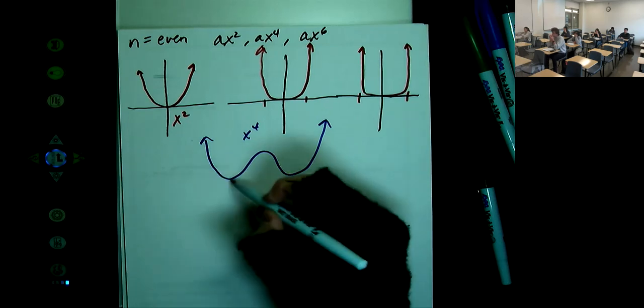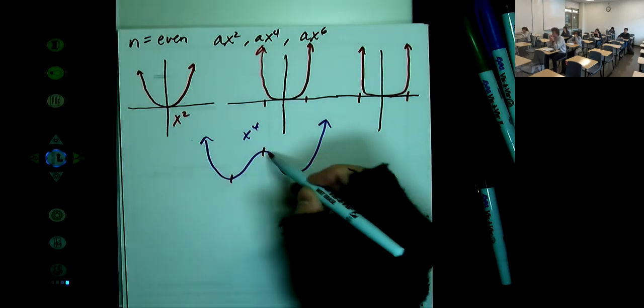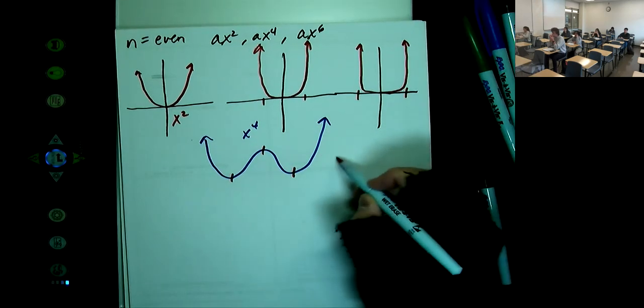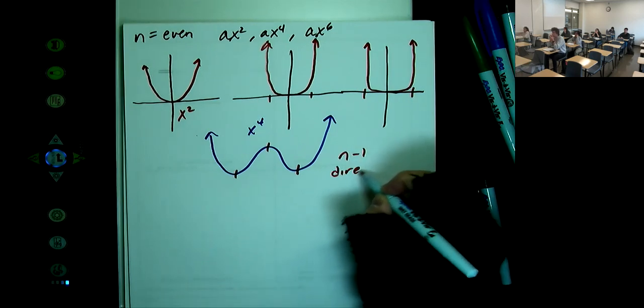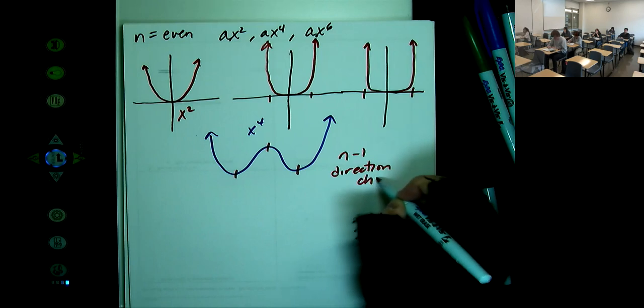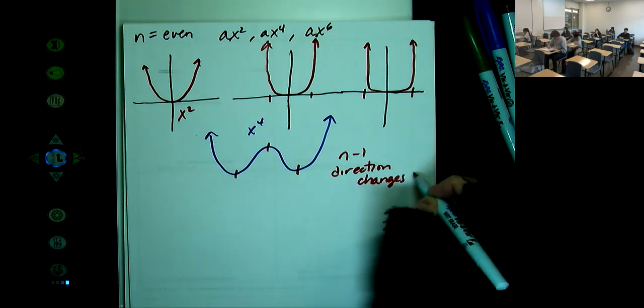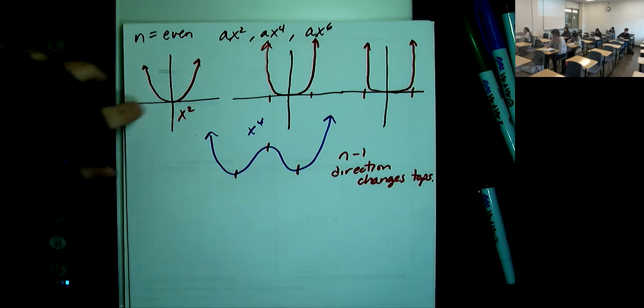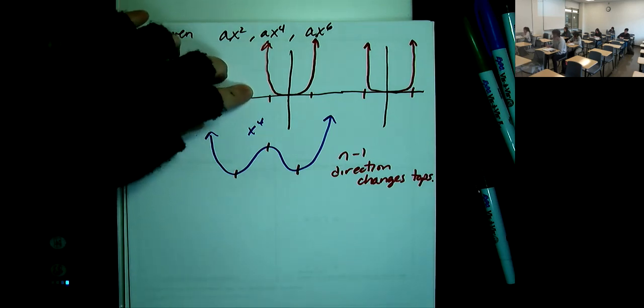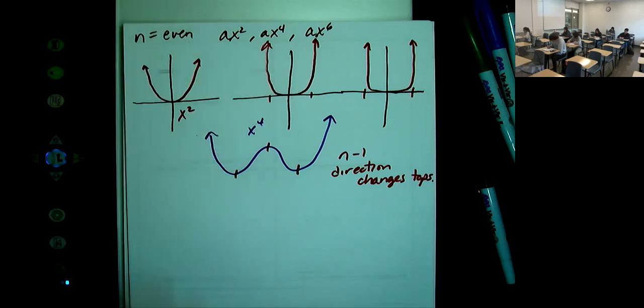It's going down, then it starts going up, then it starts going down, and then it starts going up. Again, n minus 1 direction changes, tops. That's the maximum number of direction changes we're going to have. As we can see, they don't always have a direction change. Ax to the 4th with nothing else on it only changes direction once.